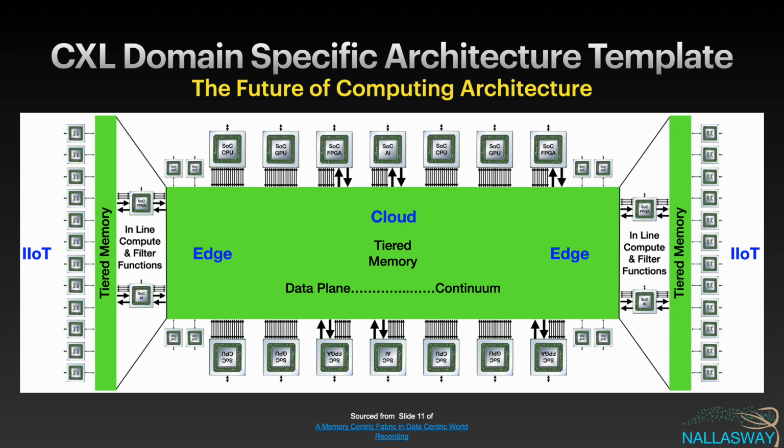You can very much see it's tiered memory centric, and it views computing from the cloud to the edge in the intelligent IoT. One of the important things about this is it talks about the data plane continuum. You can see different types of heterogeneous processors on the outside, but in an ideal world, every processor would have its local memory just next to it.